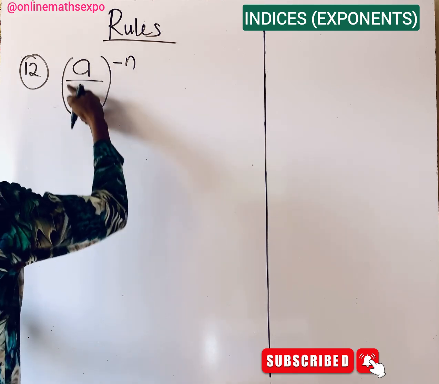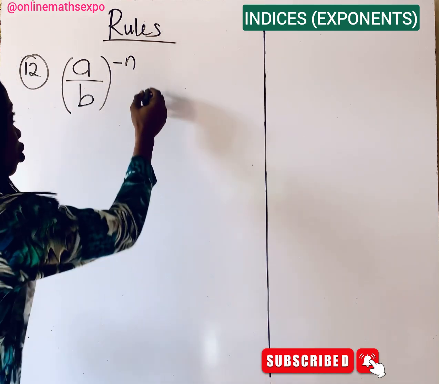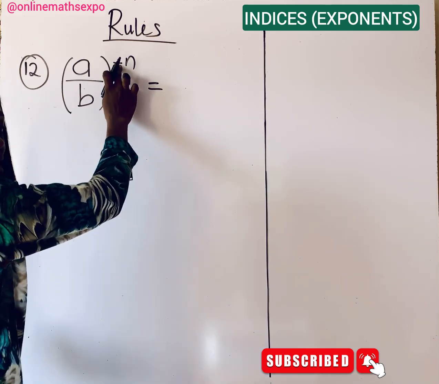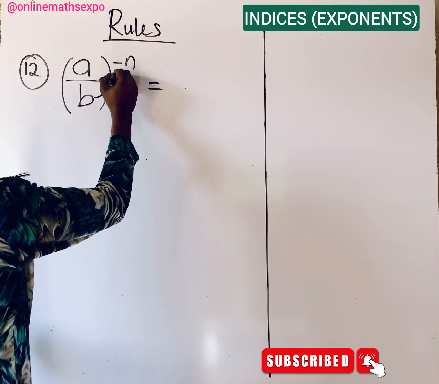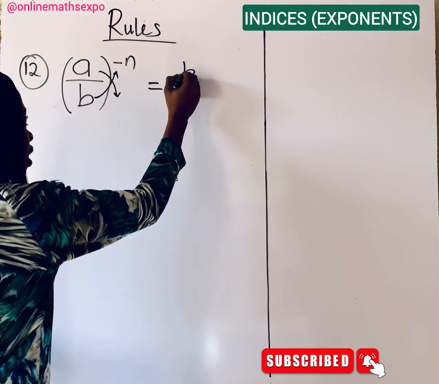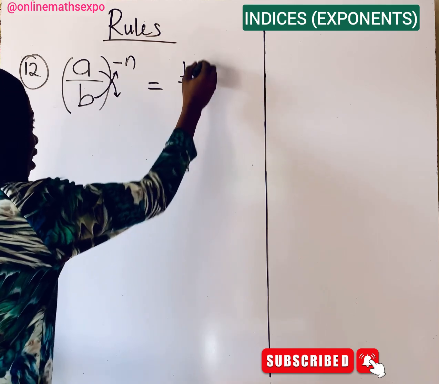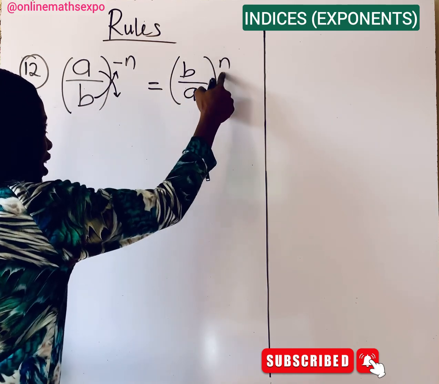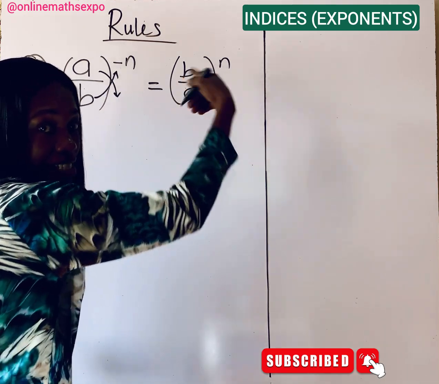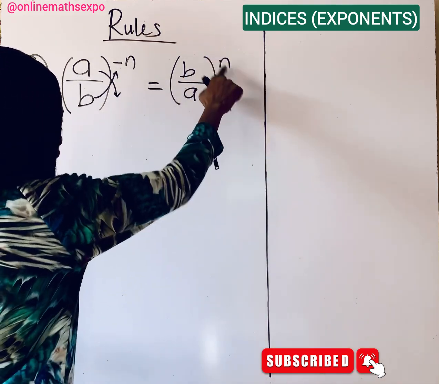Because the value inside this is a fraction, what you need to do is to remove this negative power, you need to reverse the fraction. I hope you get that. So you reverse it, this b will go up and this a will come down. Then it will be raised to the power of n. Remember, notice that this negative sign is no longer here. It has disappeared. By reversing it, you get this.